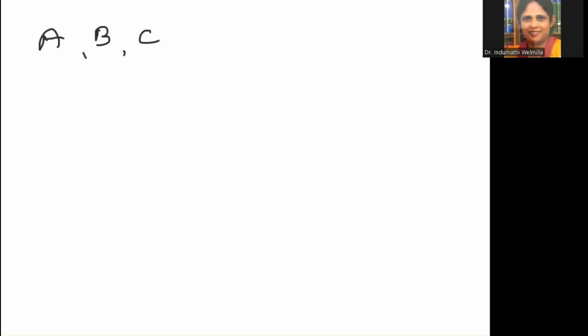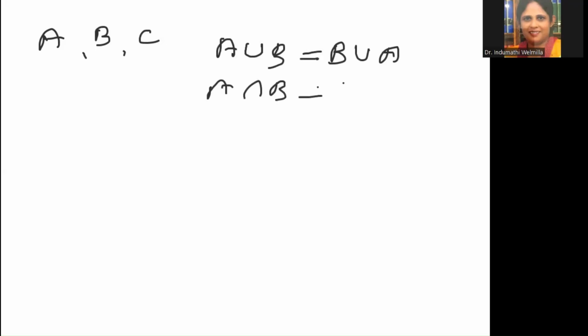According to the commutative property, A union B always equals B union A, and also A intersection B equals B intersection A. And when we consider three sets A, B, C, we can explain it according to the associative property.